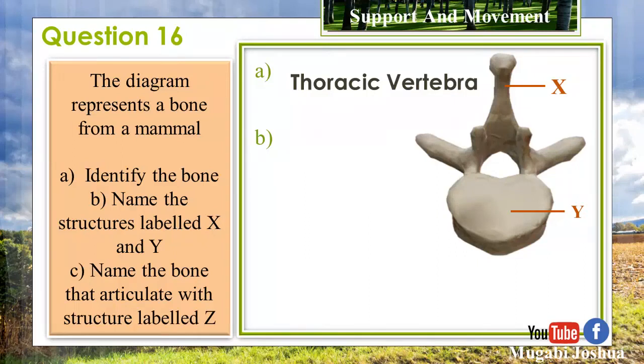Part B says, name the structures labeled X and Y. The structure labeled X is the neurospine. And the structure labeled Y is a centrum.